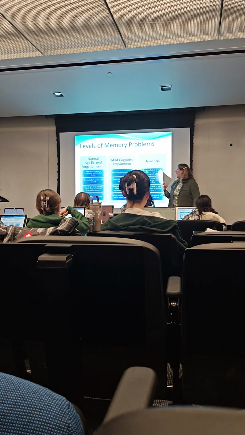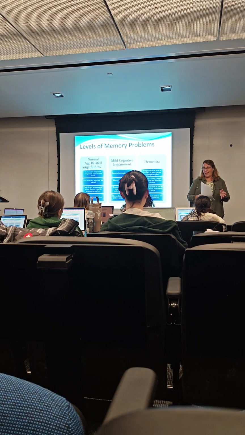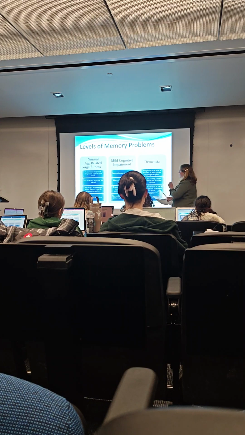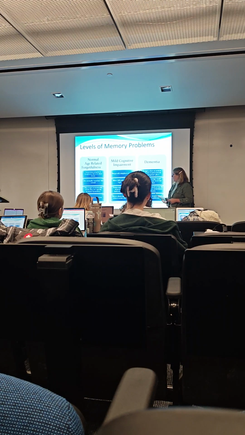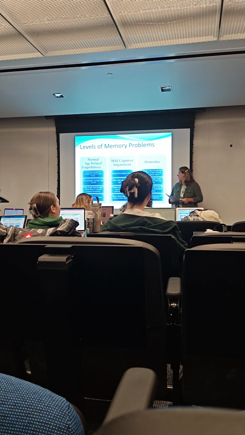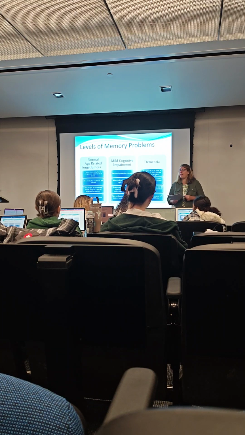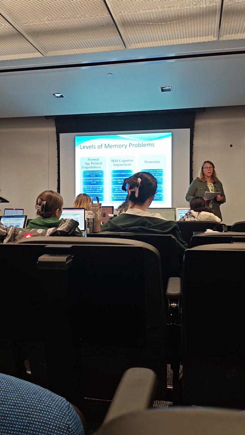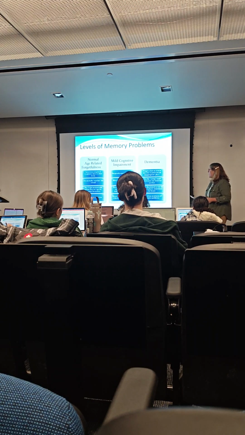So maybe now you are parking in the same place every day because you know that sometimes you forget where you parked in the parking lot. You're having more difficulty using the right word. You're temporarily becoming lost more often, trouble understanding a map, but you figure it out. And we start to worry about it, and then it's somewhat noticeable by those we live with or that are close to us as well.